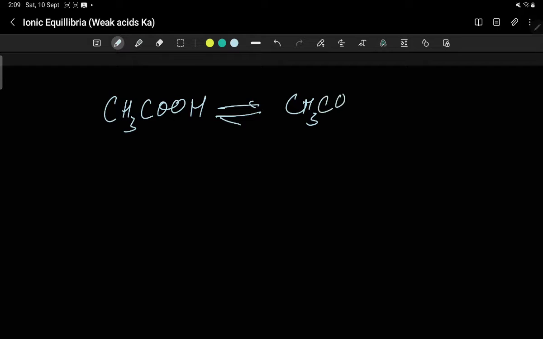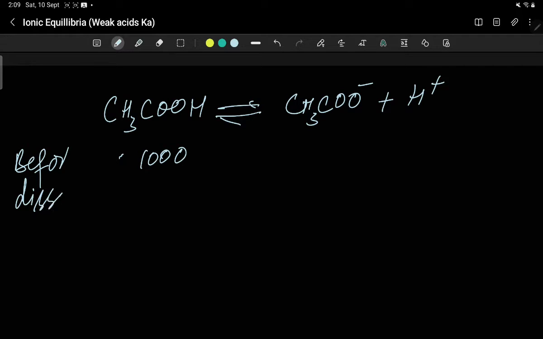So for example, CH3COOH, ethanoic acid: there are 1000 particles of ethanoic acid before dissociation. The ions are 0 and 0.